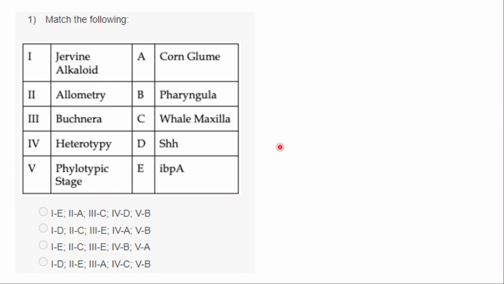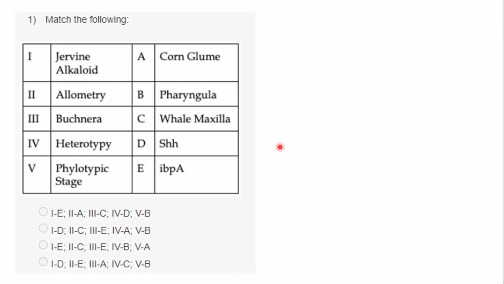So these are the options before you, and you have to match the correct column on the left to its correct match on the right. Now you have to tell me which of these options is correct.